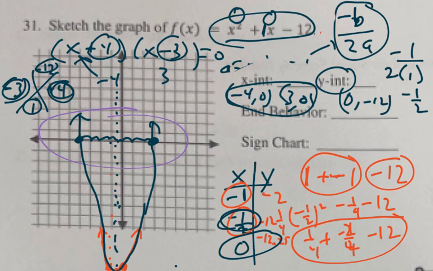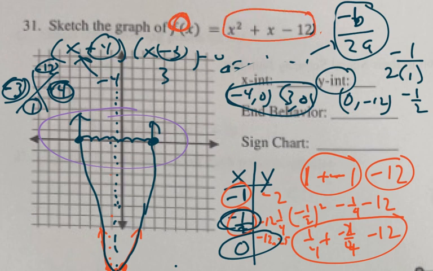When you want the x-intercept, y becomes 0. So if we look at the original function, y becomes 0. In other words, you're factoring and solving for 0, right? And when you want the y-intercept, you plug in 0 for x instead, and that's where I know 0, negative 12.